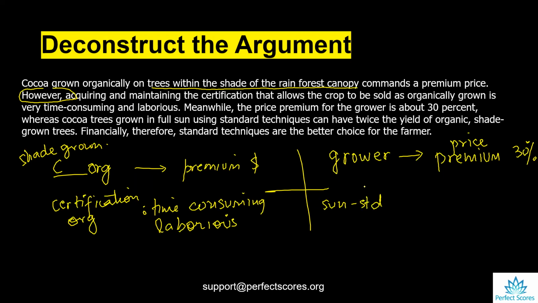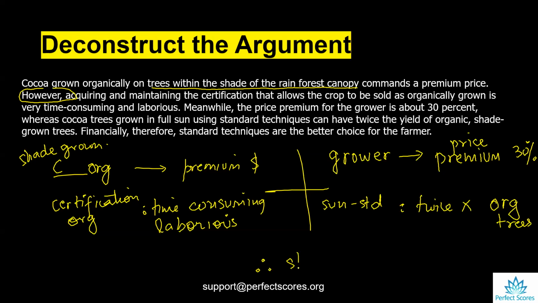Now in this case, initially I thought that they're talking about the grower in terms of these organic ones, but no, they're not using the word organic for the grower. So most probably this is still the one that is using the standard sun-based technique. So the cocoa trees that are grown in full sun using the standard techniques can have twice the yield of the organic trees, the shade-grown trees.